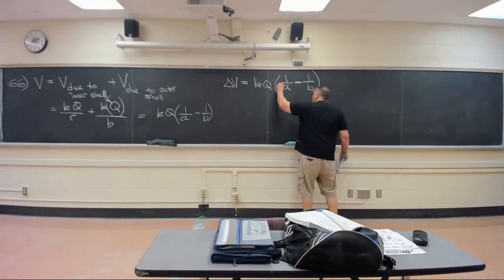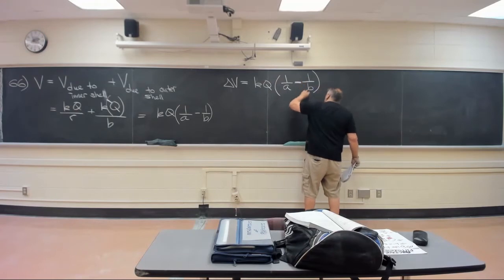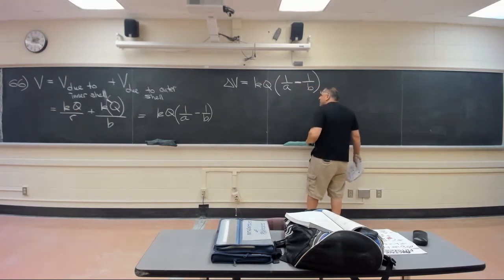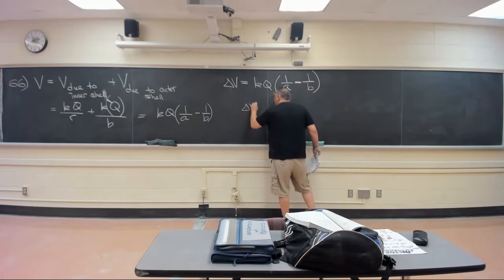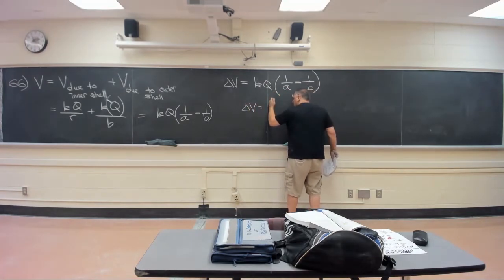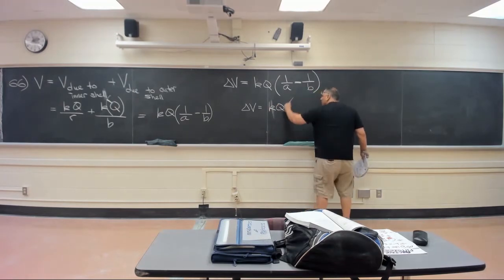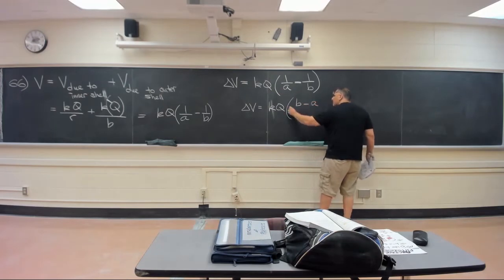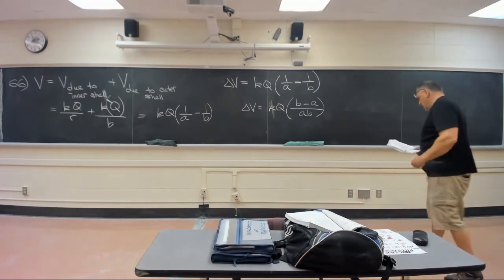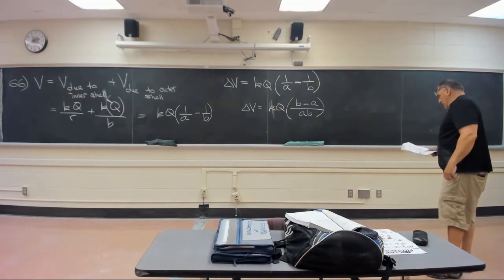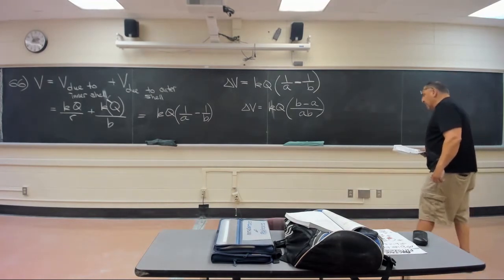Add these two. I'm sorry, multiply 1 over A by B over B, multiply 1 over B by A over A, and you end up getting... Yeah, absolutely.